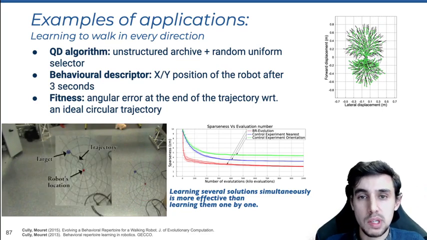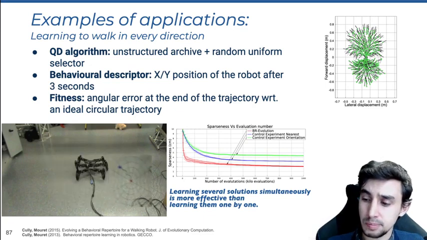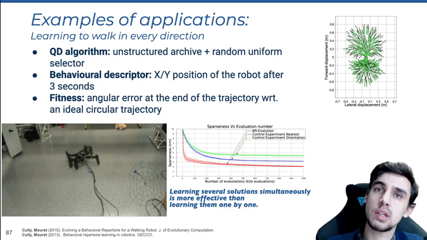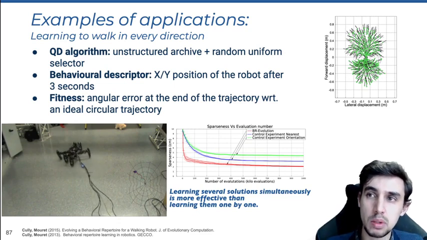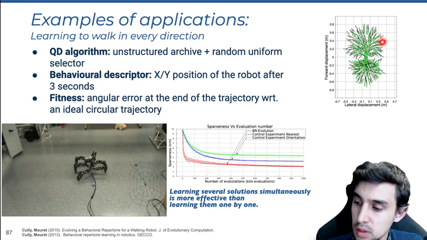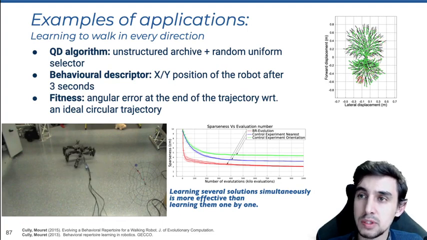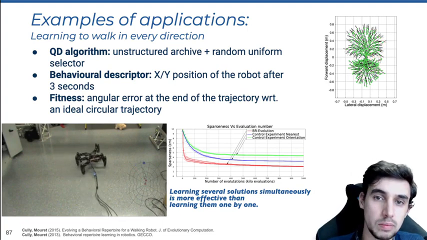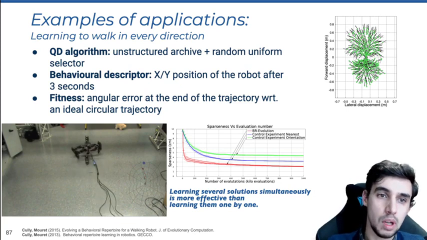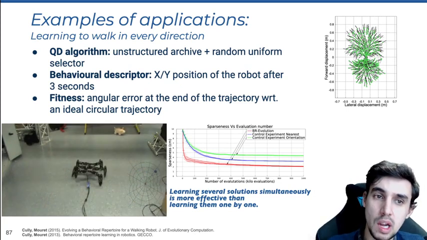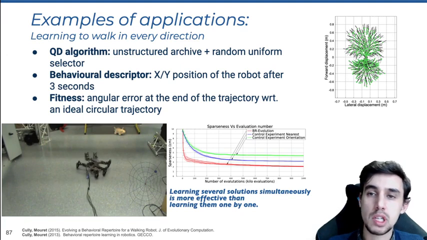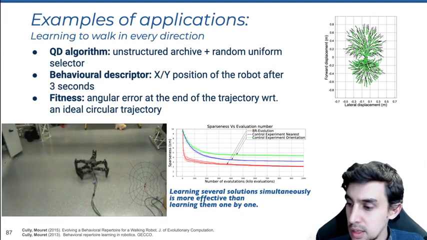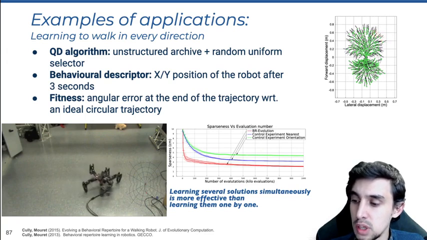And what is very interesting in this work is that we can wonder why the notion of quality diversity and MAP-Elites is so important, because if the goal is just to learn a collection of controllers, we can also just run multiple gradient-based or evolutionary algorithms, like the normal evolution strategy algorithms that we saw in the first part of this lecture, in order to learn each of the solutions independently.